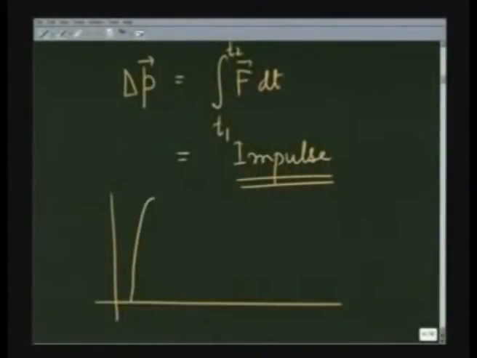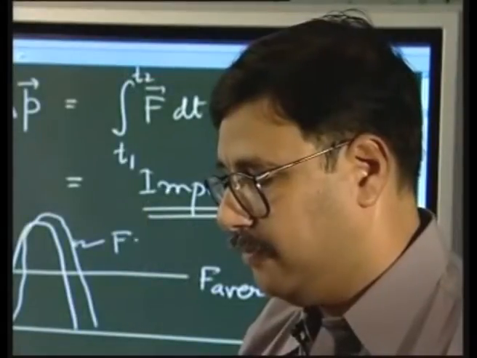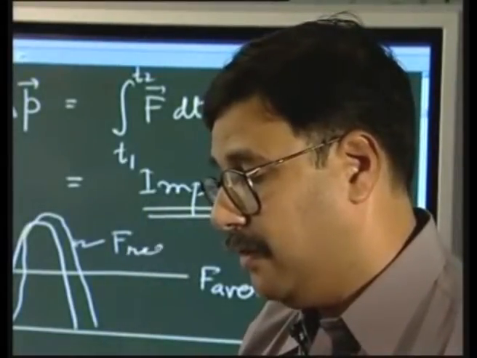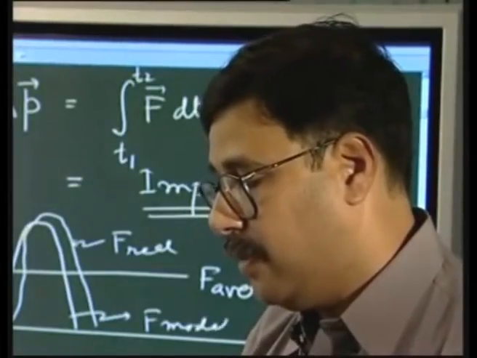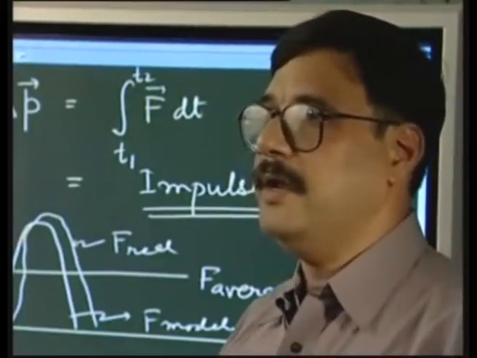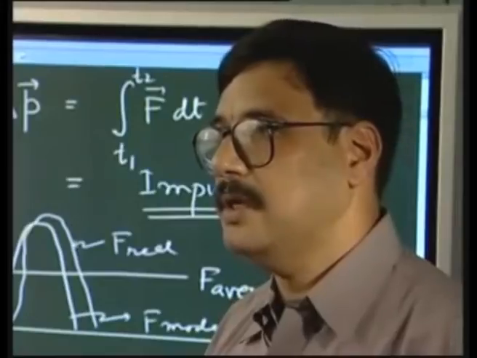Although I have made the force varying like this, a very neat curve sine omega t, the actual may also differ slightly, but the average force was somewhere here. So, this is F average, this is F maybe real, and this is F as I have modeled it. But it gives you an idea as to how we tackle momentum changes and forces in different situations.